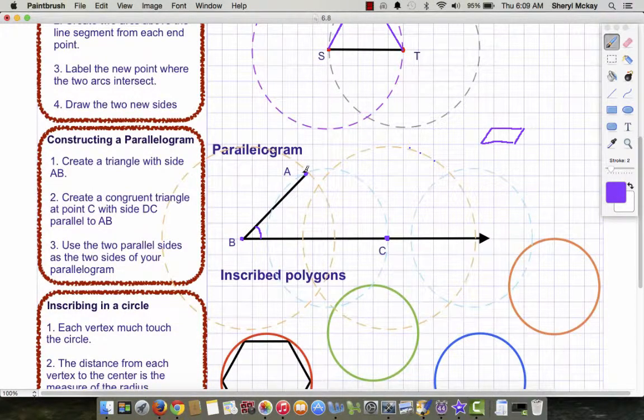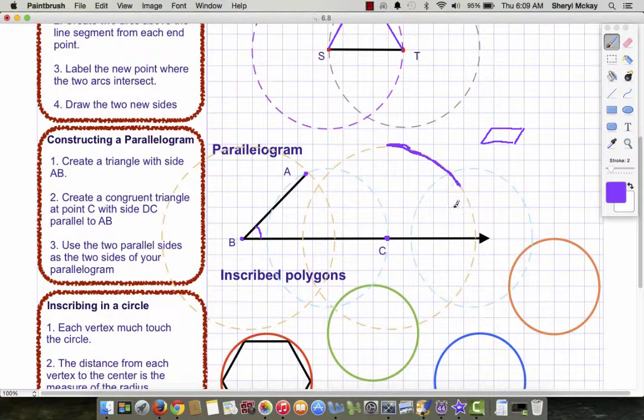So I'm going to take and make another circle with the same radius as BA, and I'm going to start at C, and I'm going to go up and make a new circle from C. So I'm going to go up here, and I'm going to kind of arc it up here, because I know that this is where my other point is going to end up, somewhere up here, okay?